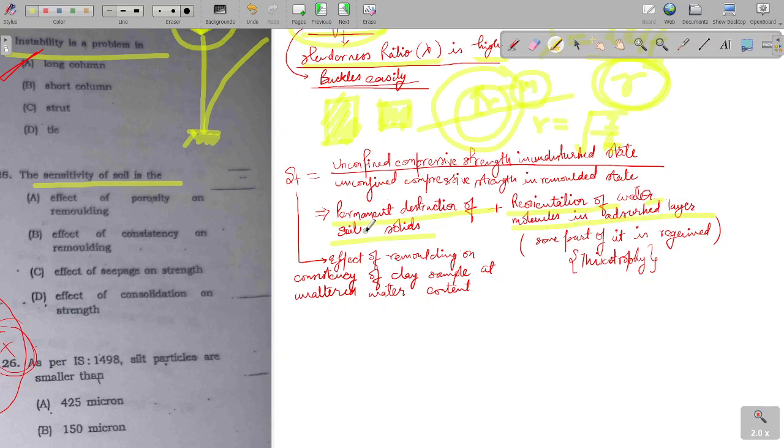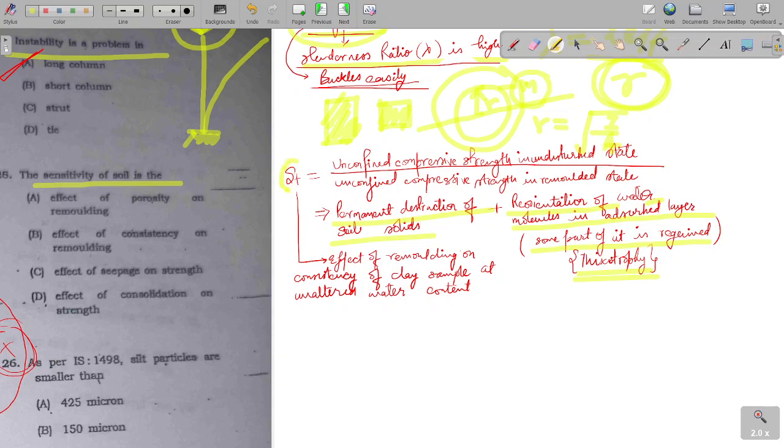Because of these two, some strength is lost. But after some time, some part of this lost strength is regained at the unaltered water content. This phenomenon is called thixotropy.